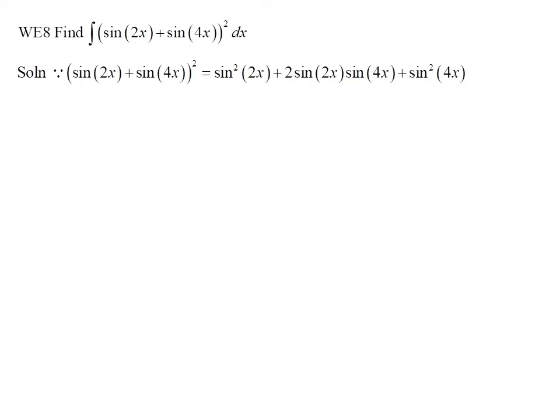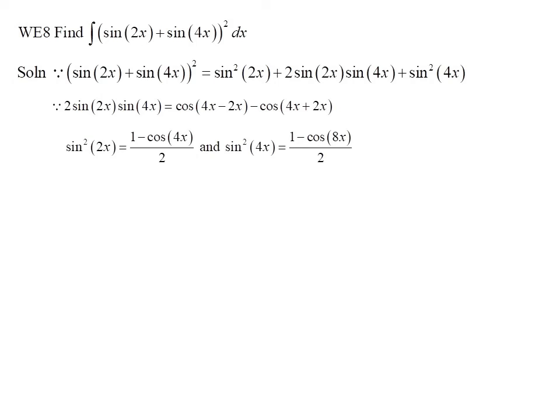As can be seen, 2 sine 2x sine 4x can be transformed to cos 2x minus cos 6x. Then the square of sine 2x can be written as 1 minus cos 4x all over 2, while the square of sine 4x can be written as 1 minus cos 8x all over 2.